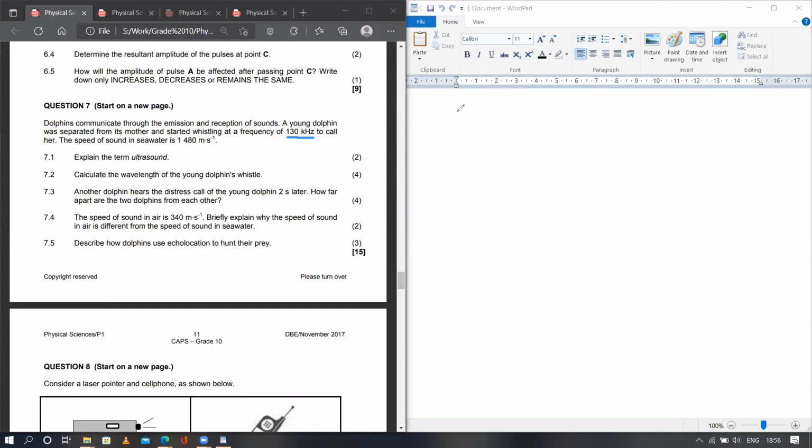So first thing you must know is that your 130 kilohertz is going to be a frequency, and you must state it in hertz. So you must take it to its SI units. So that's going to be 130, and you're going to multiply it by 1,000 in order to get it in hertz, because it's kilohertz now.